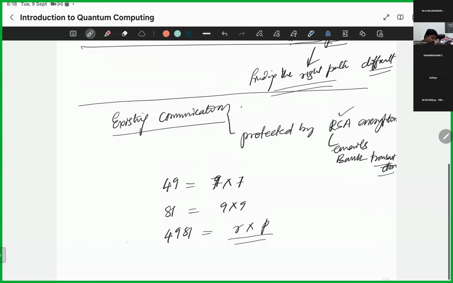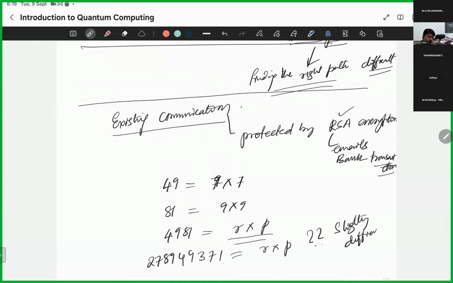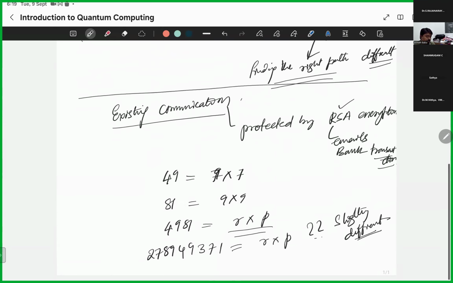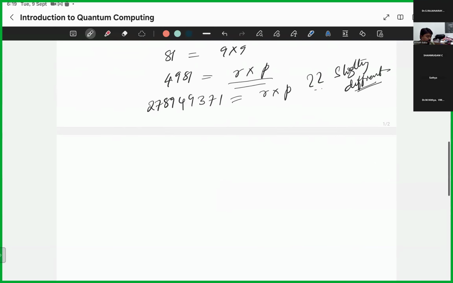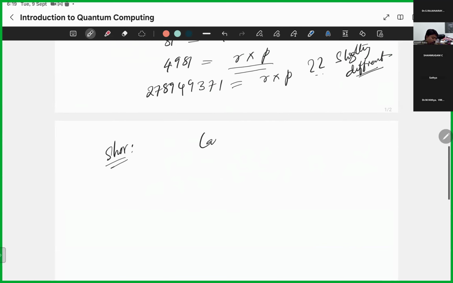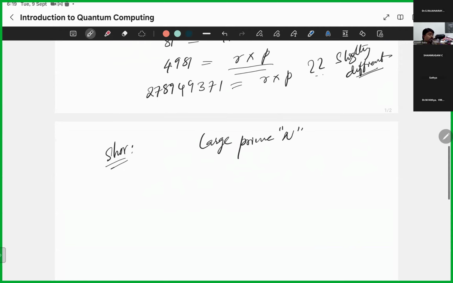Let's say I give one more large number, like 27,894,9371. Finding what the factors are is slightly difficult. What Shor thought is, we take a large prime number.